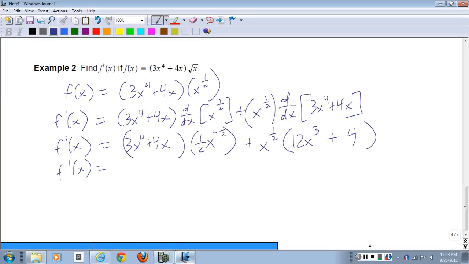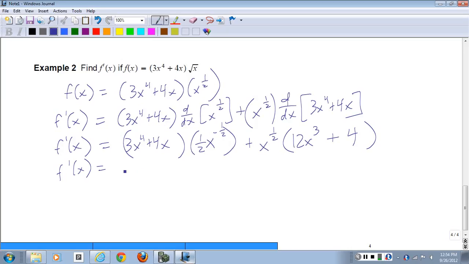Now what do I do with the 1/2? Did I factor out the 1/2? Doesn't that just make it negative 1/2? Doesn't that just mean it's the square root of x, or 1 over the square root of x? There, yeah. Just want to make this as clean and neat as possible. Here's what I want to do.